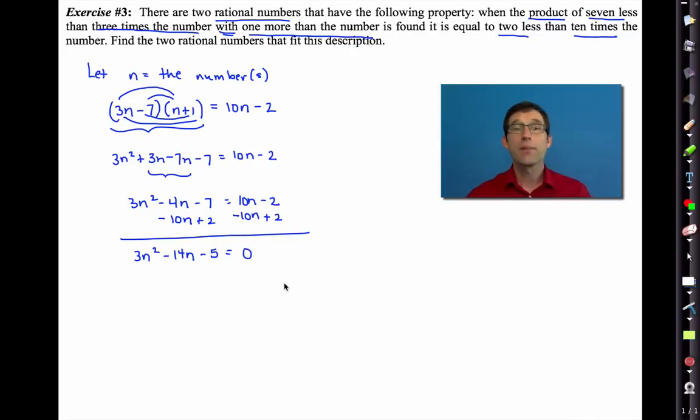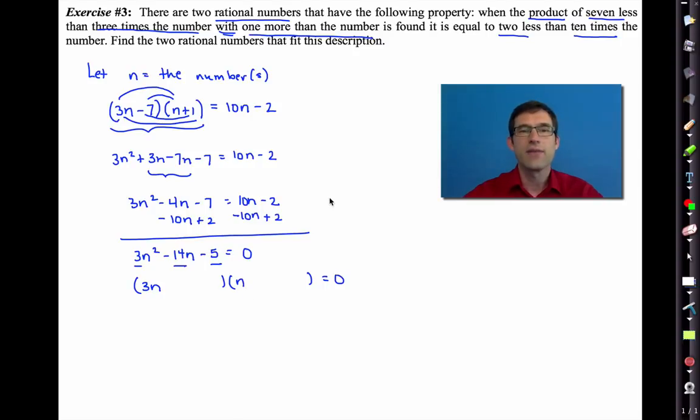Okay? So I'm now at a point really where I was in the last few lessons. I'm now at a point where I can use the zero product law. So I'm going to factor this. Let's see, is there a GCF? Well, 3, 14, and 5 have no common factors besides 1. So no GCF, so I'll have a 3n and an n.